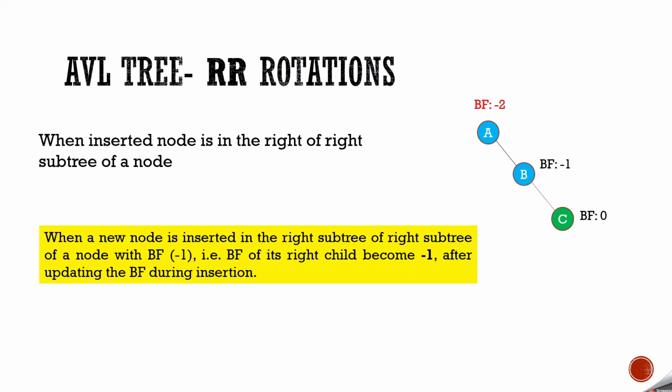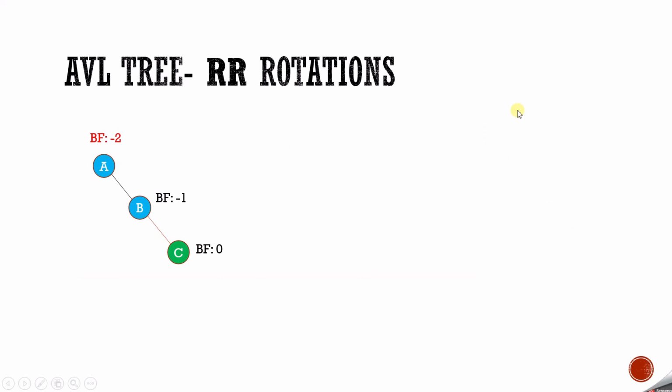RR rotation is required only when a new node is added in the right subtree of any node. So when a new node is inserted in the right subtree of a node, that means the right subtree of node A is B and C is added in the right of B. That's why I need an RR rotation, because the balancing factor of A becomes -2. It happens exactly like an LL rotation.